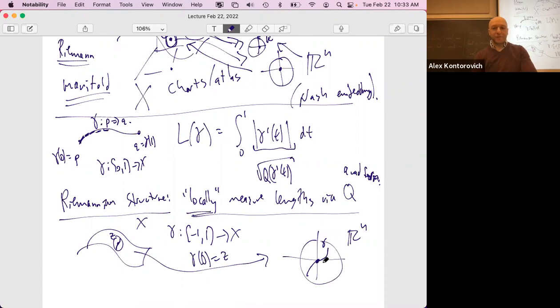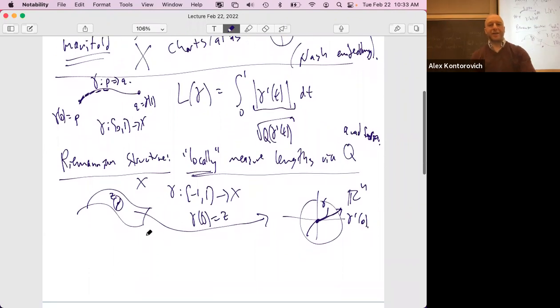If gamma is differentiable, then it makes sense to define this derivative at 0. So this is the vector gamma prime at 0, right? It's just a one direction derivative.